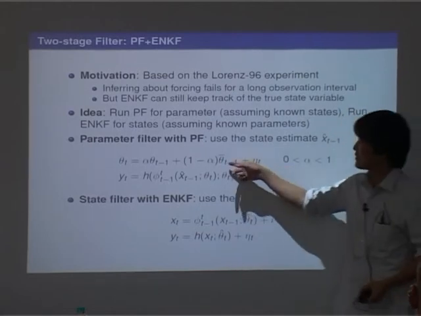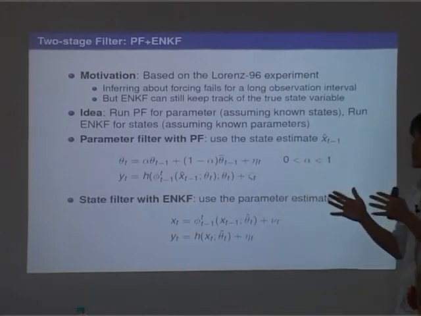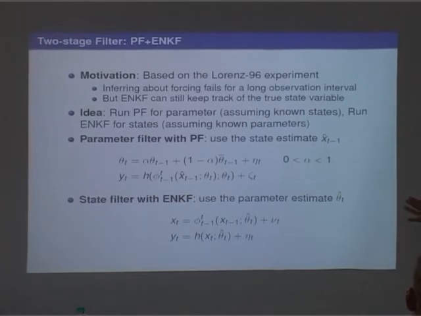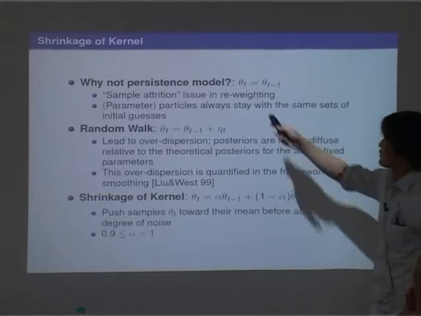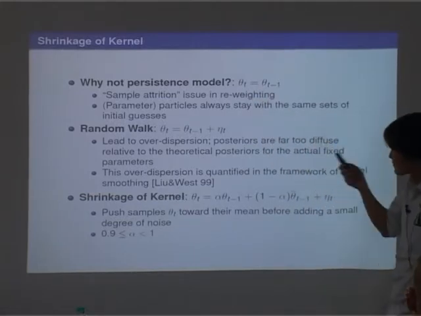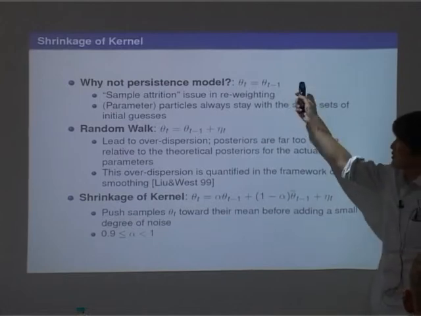So what I try to do here is shrink the particles that represent the parameter toward the mean, because if I just use a persistent model like this, it doesn't disturb anything.